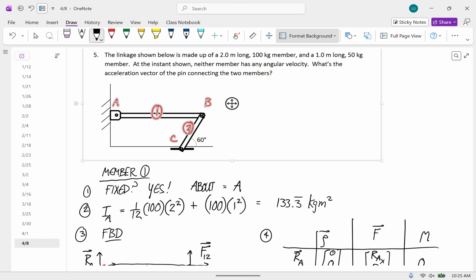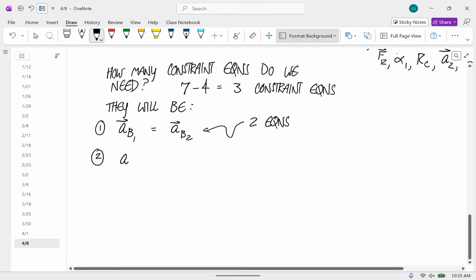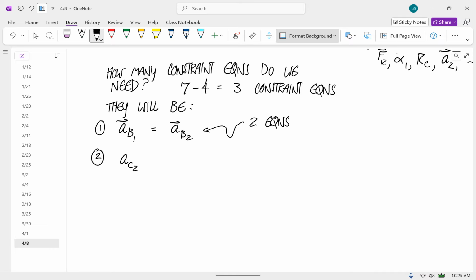And so we are going to calculate the acceleration of C according to body 2, but then we're only going to set the y component equal to 0. So I'm going to say the acceleration of C according to body 2, y component, that's crazy notation, is equal to 0. And that's our one extra equation.